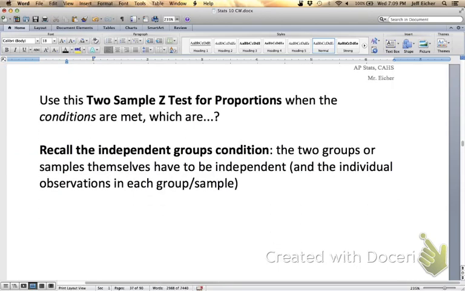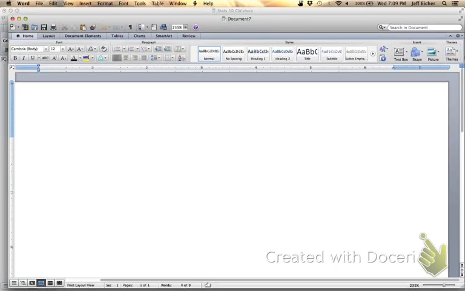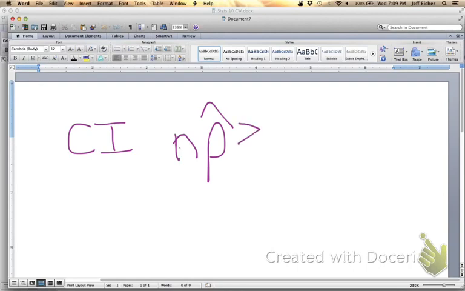And we use this z-test when the conditions are met. Thankfully, the conditions are the same as those for confidence intervals. This isn't always true. In Chapter 9, you may remember that for a confidence interval, you would do n p-hat is greater than or equal to 10 when checking the normal condition.